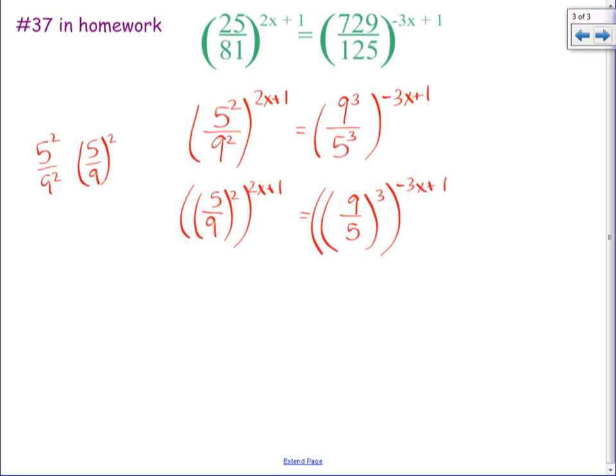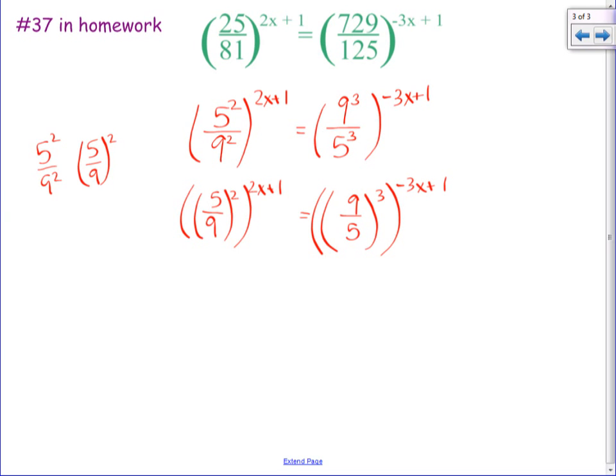Now what's inside the parentheses is close, but it's not exactly the same. Okay, how do we switch things from the numerator to the denominator? How do we move things from the top to the bottom? We just went through this on the last page. How would you move, for instance, the 9 to the bottom? What would you change on it? The negative exponent. Okay?